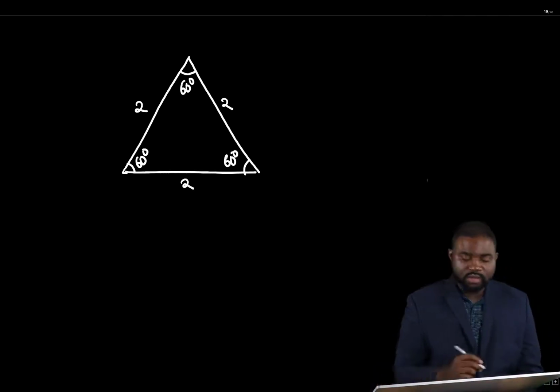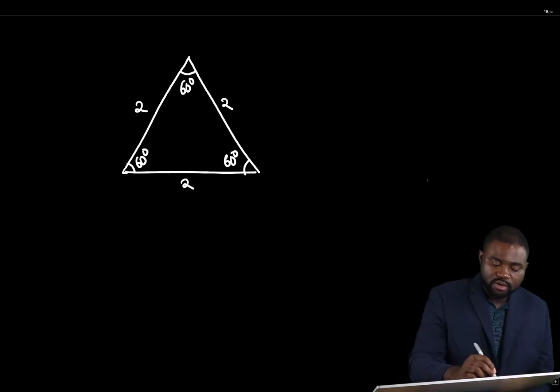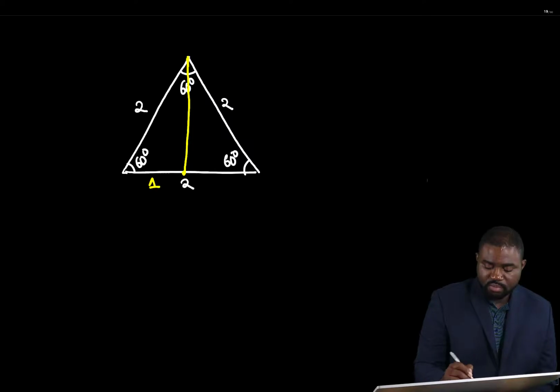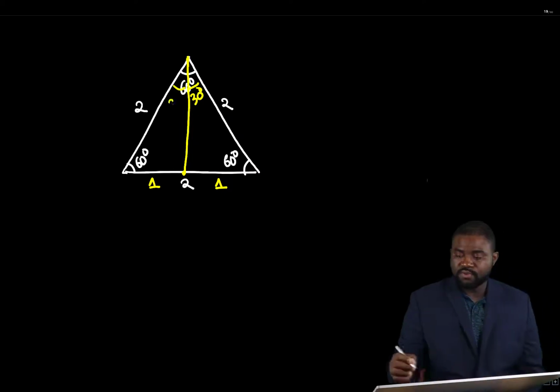Now, if we divide this angle by 2, this is the perpendicular bisector. This side here will be 1, and this side here will be 1. This angle will be 30 degrees. This angle will be 30 degrees.